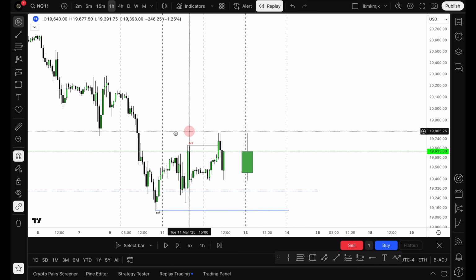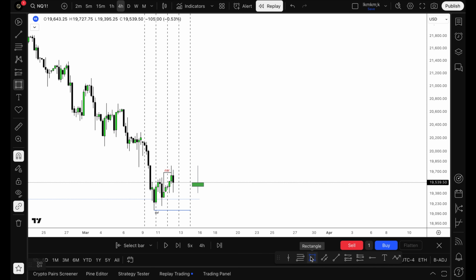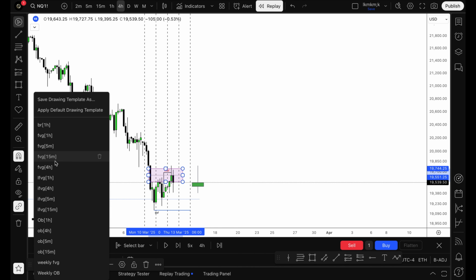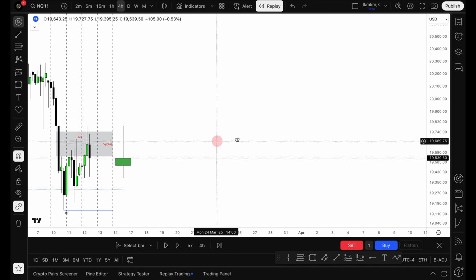So that's buy side liquidity taken into a 4-hour fair value gap. We have this candle's low to this candle's high, then the displacement to the downside with that candle, and we just label that as a 4-hour fair value gap.